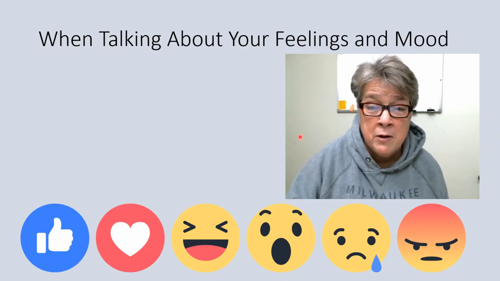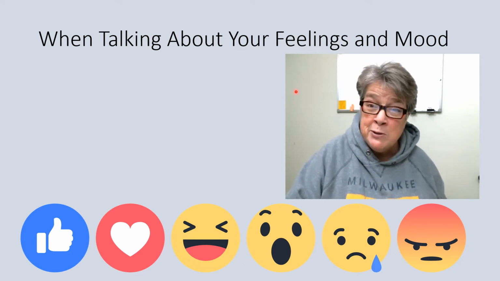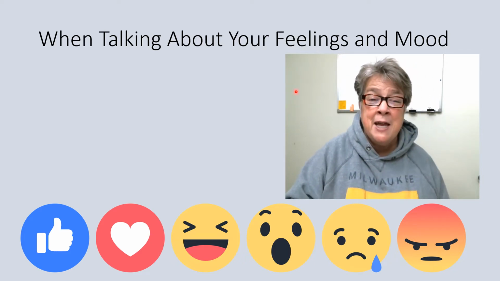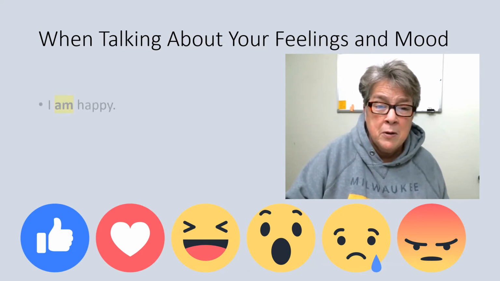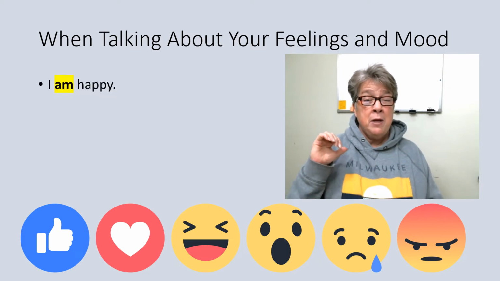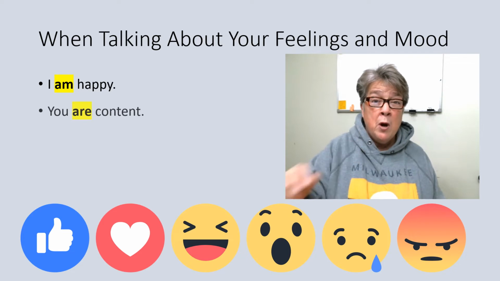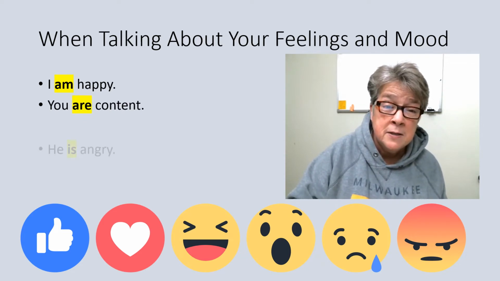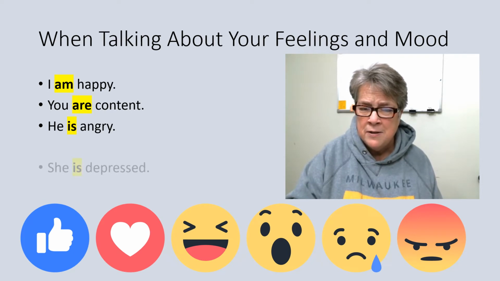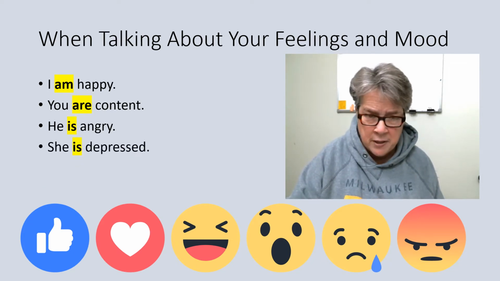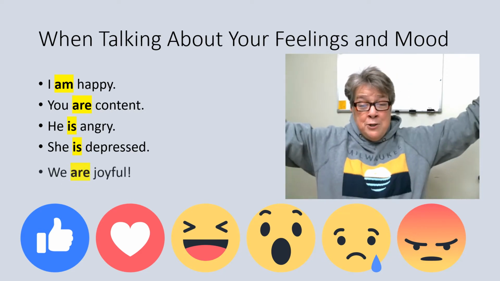When you talk about your feelings and moods, we also use the verb to be. I told you there's a lot of verb to be today. I am happy. You are content. He is angry. She is depressed. We are joyful.